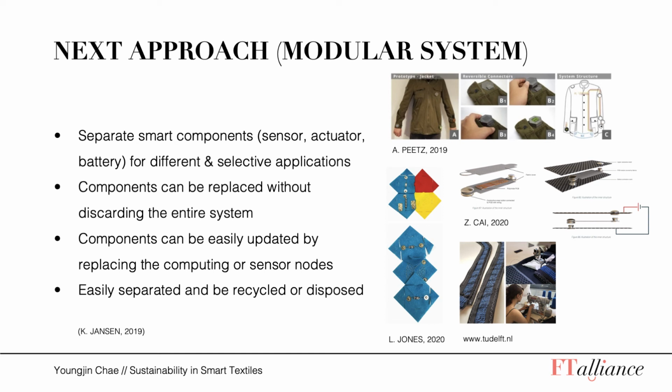This modular approach is suggested as a new functional system for sustainability. Smart components of the modular system, such as sensor, actuator, and battery system, can be easily separated to be updated or replaced for different and selective applications without discarding the entire system.